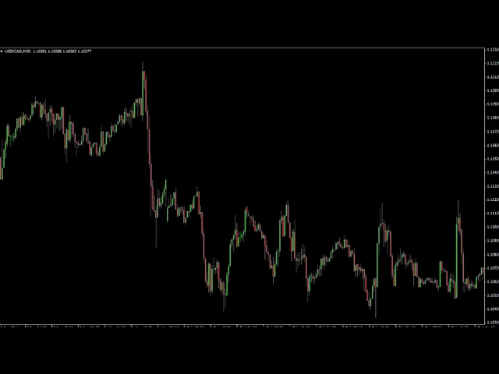So there are a number of different things that you can do in order to tell you that you're in a consolidating market. One of the ones that we've already been over is using support and resistance levels in order to determine that we are indeed moving sideways. Now here's a pretty good example. This is the U.S. Canadian currency pair. I'm on the 30-minute chart, so I dropped my time period down quite a bit.